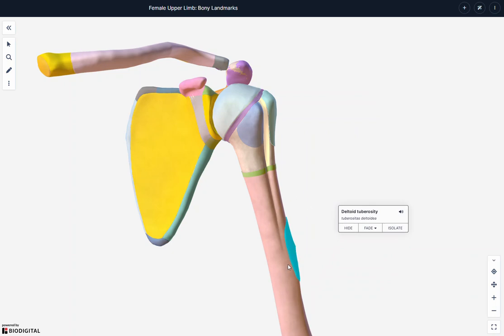We'll be able to see that in our x-rays too, but we're not identifying the position of the arm by the deltoid tuberosity. We're going to be really focused on the greater and lesser tubercles and the intertubercular groove, also known as the bicipital groove, which is easier for me to say.